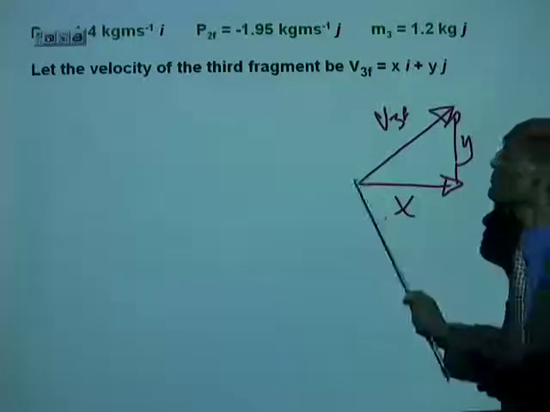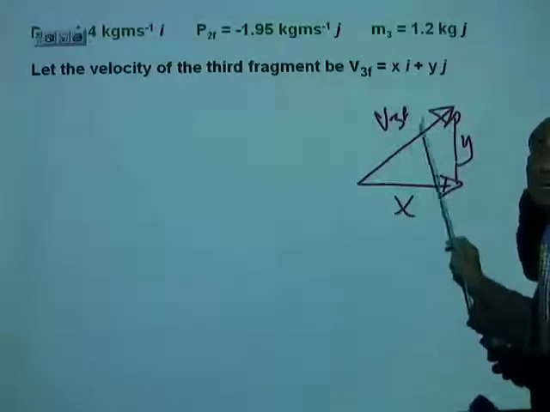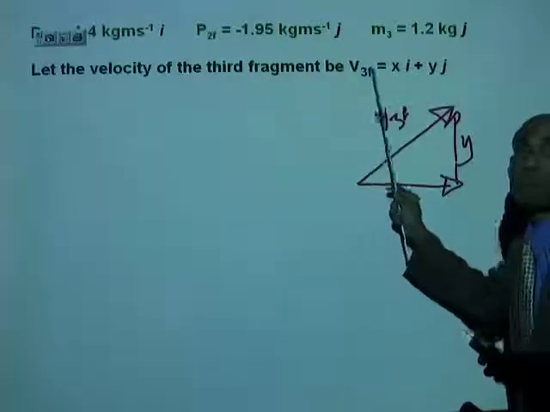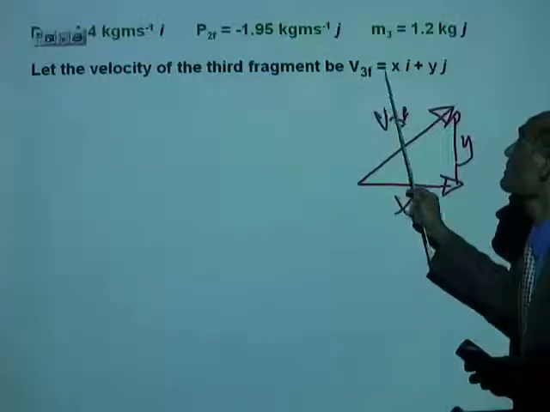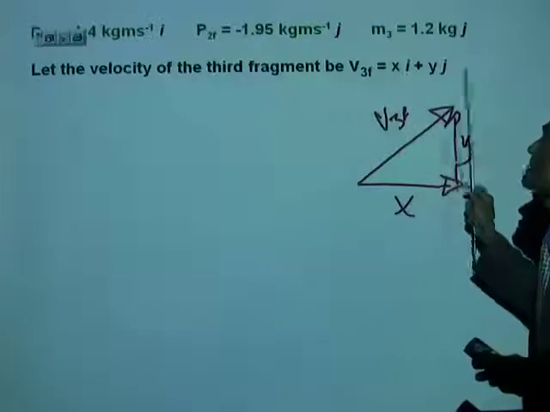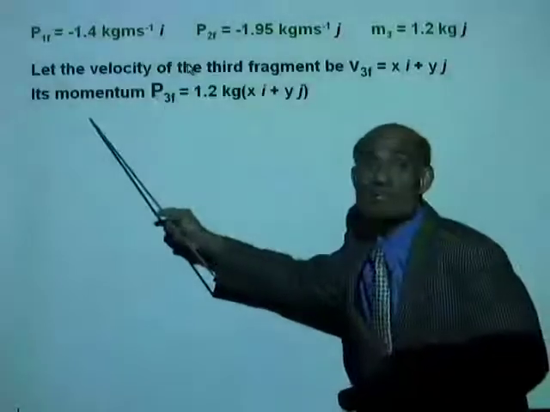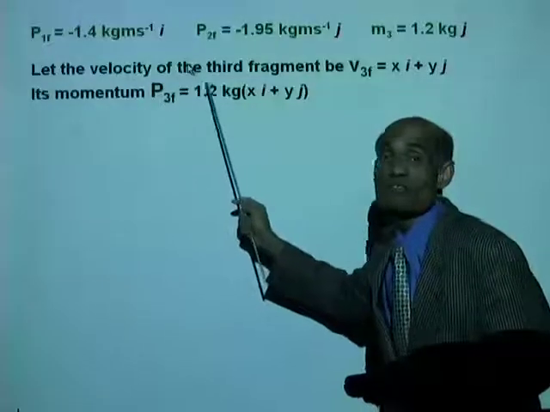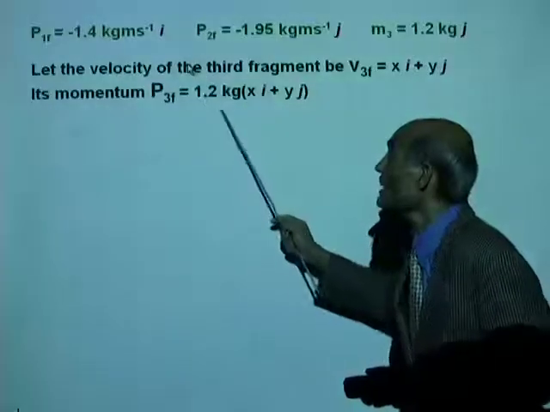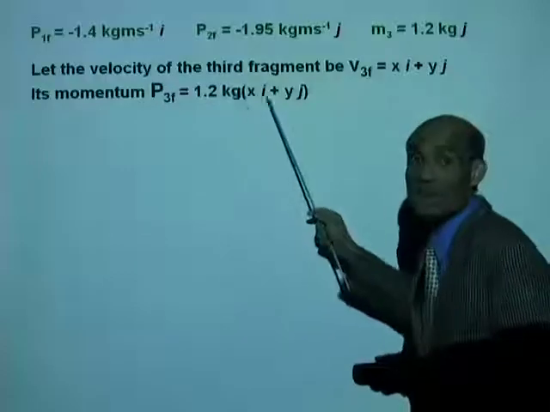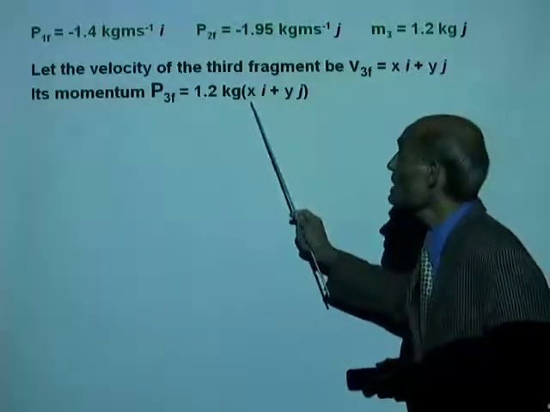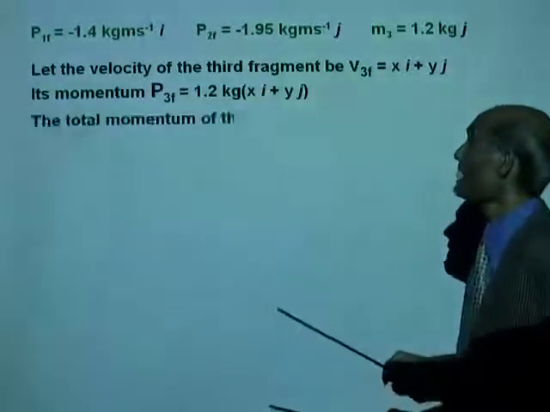So let the velocity of the third fragment in the component form be v3f equal to xi plus yj. Then its momentum will be P3f equal to 1.2 kilogram, mass times velocity. Velocity is xi plus yj.